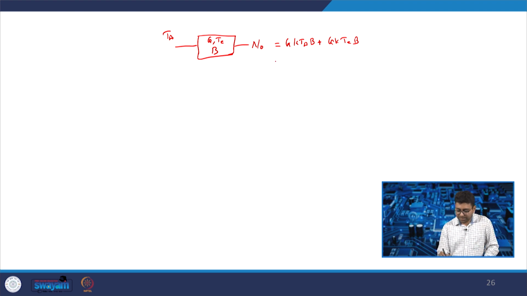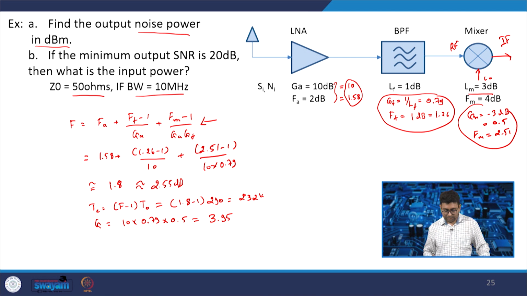So, GkB you can take it out, GkB (TA plus TE). Now, what is the antenna temperature? The antenna temperature is given, and that is around 150 Kelvin.